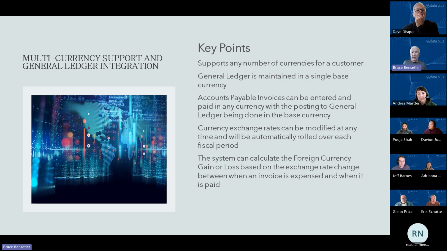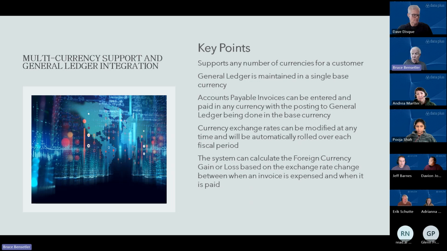General ledger is maintained in whatever is their base currency. So everything that gets posted to general ledger is in their base currency. Here in the United States, the customers are all in US dollars. Typically in Canada, their base currency is Canadian dollars, though they would then have the US dollar as a foreign currency.